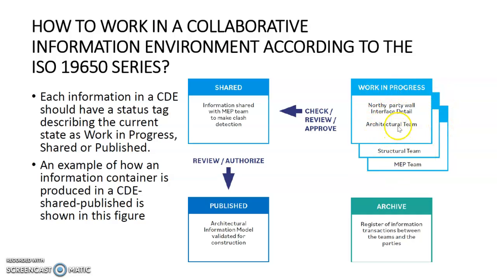So you can have, for example, the architectural team with a work in progress on a particular piece of work. And after the checking, review, and approval, the status becomes shared, and the information is shared with the mechanical and electrical team to carry out the clash detection. And after review and authorization, it is then published. Also, the architectural information model is validated for construction, and then after that, it is archived.